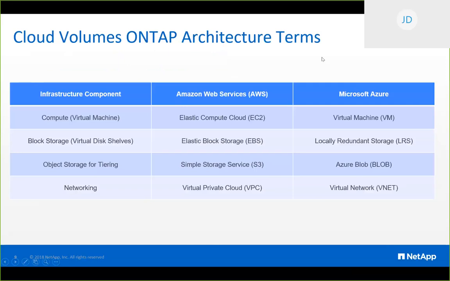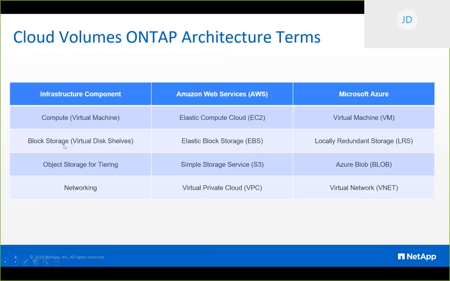Okay. So one last thing before we get to some architecture diagrams, I just wanted to put out the various terms that we're going to be using in AWS and Azure. There's a fair amount of terminology, and I thought it would just be useful to get it all out there at once. So we will be using Cloud Compute. That's EC2 in AWS. They call them VMs or virtual machines in Azure.